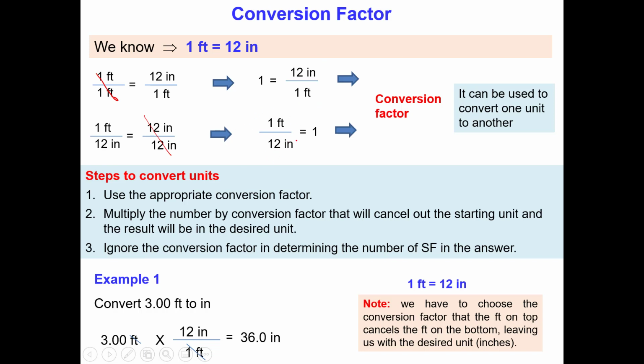Then the next thing you have to do is multiply the number by the conversion factor. When you multiply, the unit you don't want must be canceled out. And then the result will be in the unit you want. We will explain this one now.